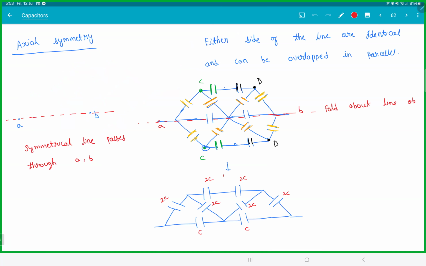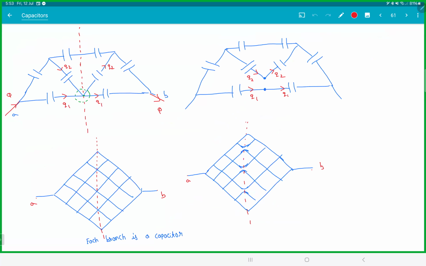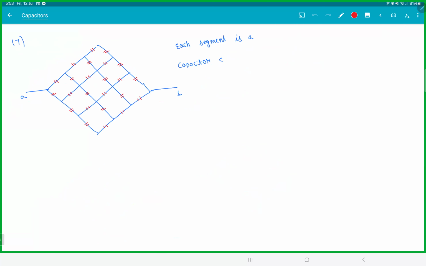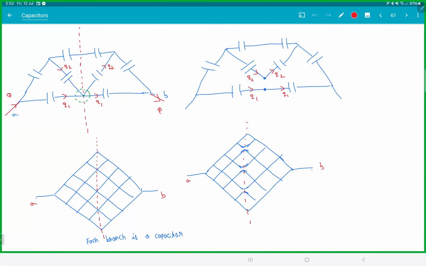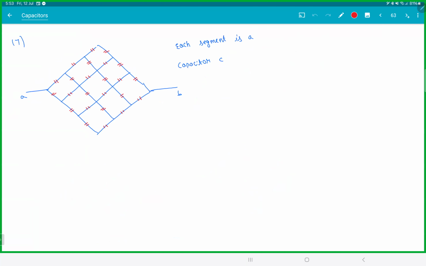Here, have a look at this thing. Axial symmetry. Try. This is a 3 into 3 grid I gave. In the example, this was a 4 into 4 grid. Let's do 3 into 3. 4 into 4 you can try. That's a little more complex.